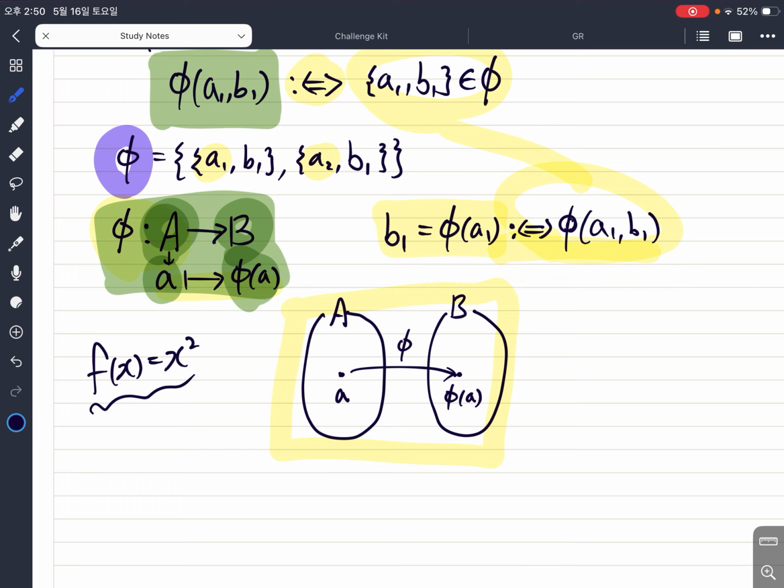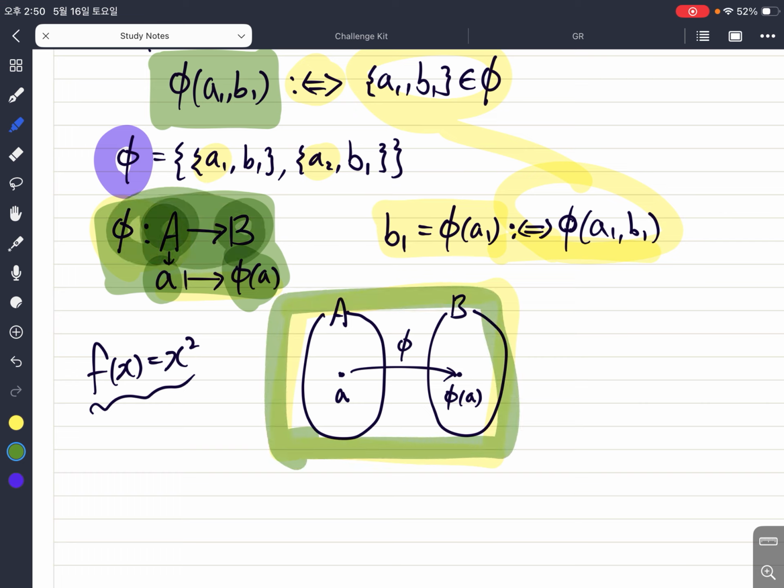So you should specify what the set is. That's why we prefer this notation. The other is that this figure is nice, but drawing a figure is not that easy like just writing. So we will use this one. Okay, this is the notation I want to explain.